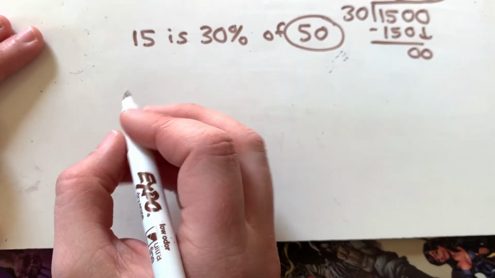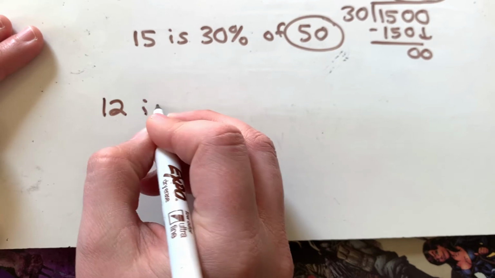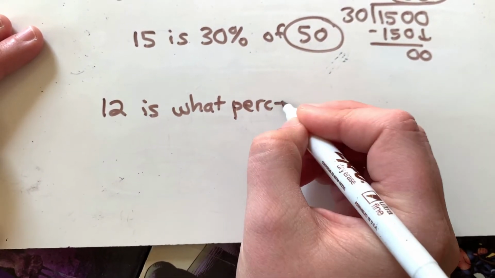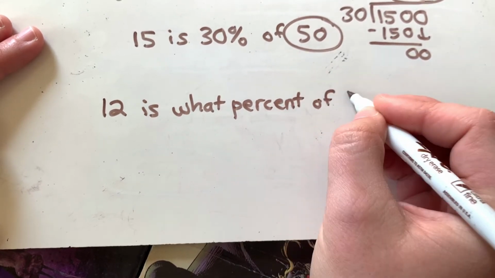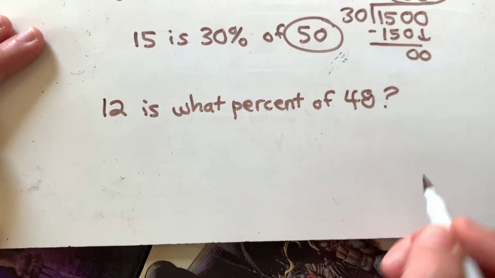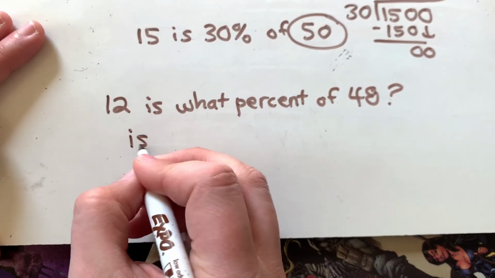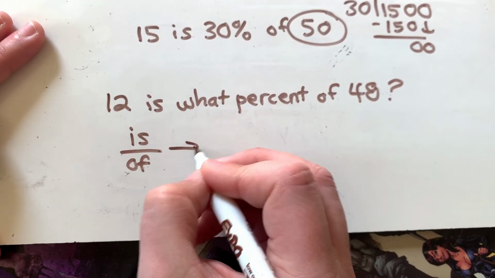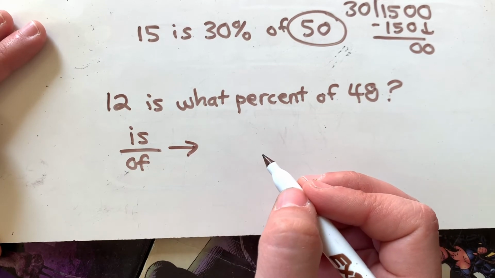I feel like I think we should do this. 12 is what percent of 48? Okay, we can do this really quickly. Is over of, I want to try and give you a problem that doesn't involve crazy decimal and multiplication.